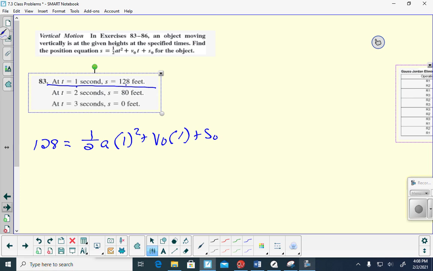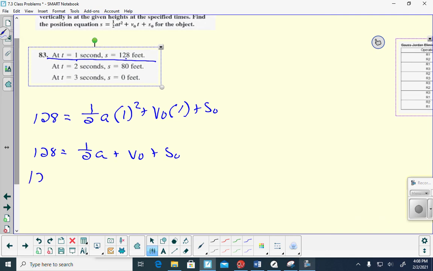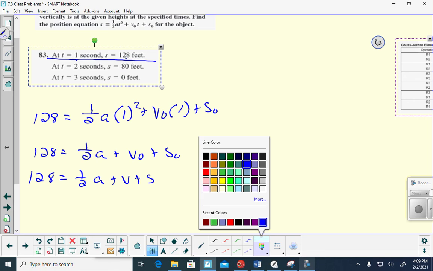When I square the 1 and multiply it by 1/2 and all that, I'm going to end up with 128 is equal to 1/2 a plus v sub 0 plus s sub 0. And if you don't like the subscripts, you can drop them. I'm probably going to encourage you to do that and just write 128 = 1/2 a plus v plus s. That's my first equation. Now I'm going to go to the second equation and do the exact same thing.